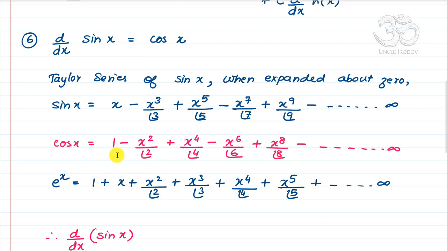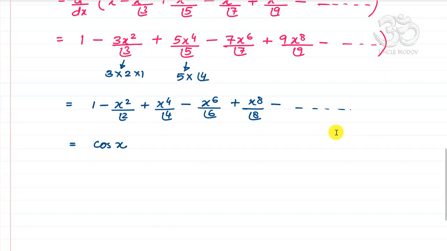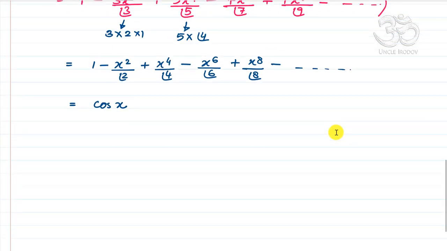And then you see that every term will have the opposite sign of what we have in sin x. So here we had x as plus, here we will have x as minus. Then the next term, minus x cubed by factorial 3, here we'll have plus x cubed by factorial 3. Because every term has a minus sign, I will take the minus outside, and inside the bracket I will get the same series as sin x. Minus sin x, yes.